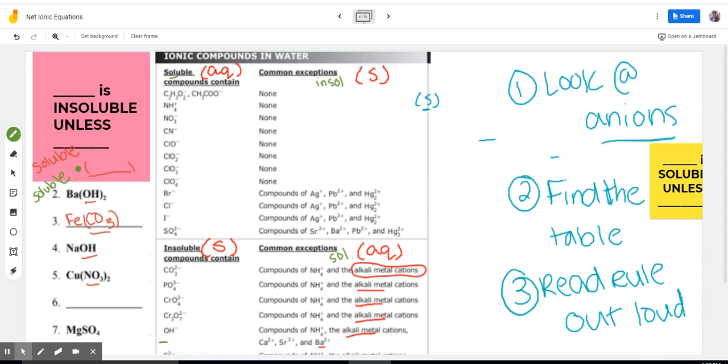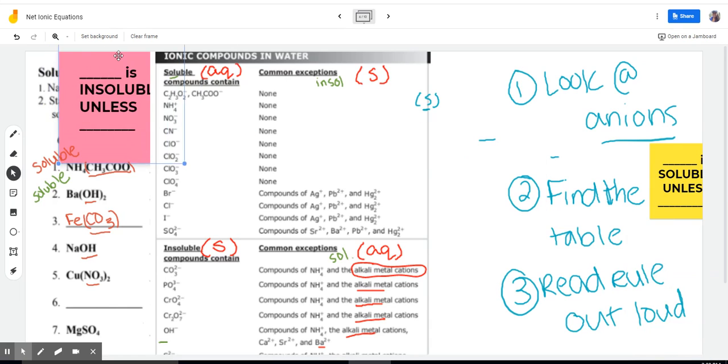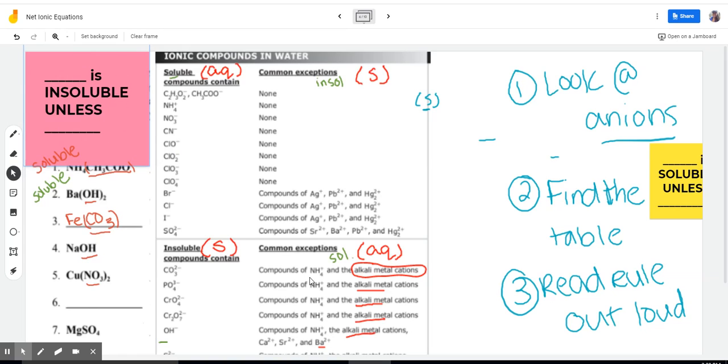All right, let's do another one. So we have FeCO3, so iron 2 carbonate. So we're going to look on our list. Let's go ahead and move the pink sticky note out of the way for now. We're going to find our anion, carbonate, down the list. It was right here. So carbonate is insoluble or solid unless, okay, so once again, we're doing the pink sticky note, unless NH4, that's an Fe, so that's not it, or an alkali metal.